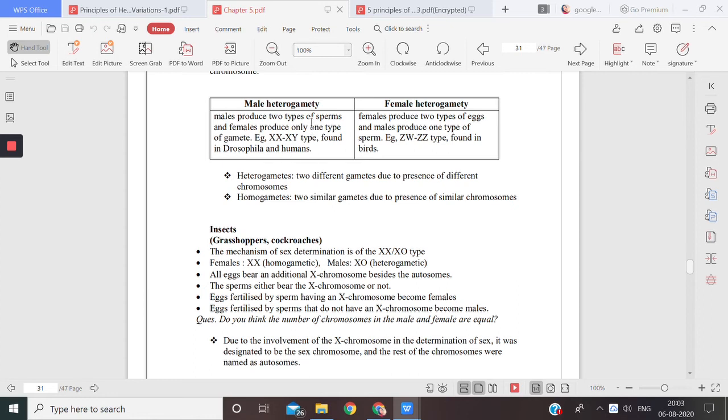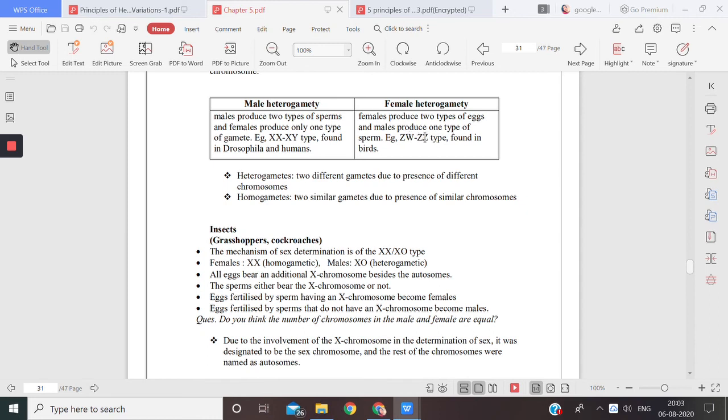Now you must also know that female heterogamety is also there. That means in this case, females produce two types of gametes and males produce only one type of gamete, just the opposite. Females produce two types of eggs and males produce only one type of sperm. For example, ZW is produced by females, so there are two types of gametes, and ZZ is produced by the males.